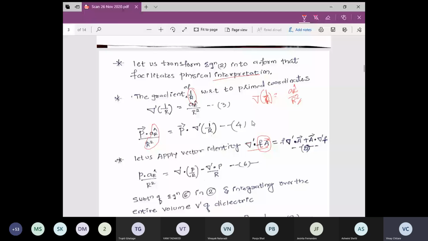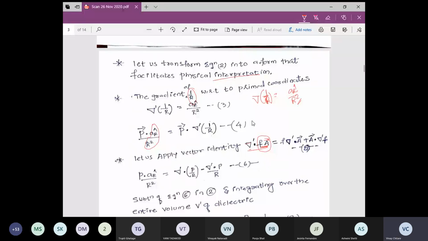That's what we call the product rule. It says that the divergence of f times A is f times divergence of A plus A dot del f.